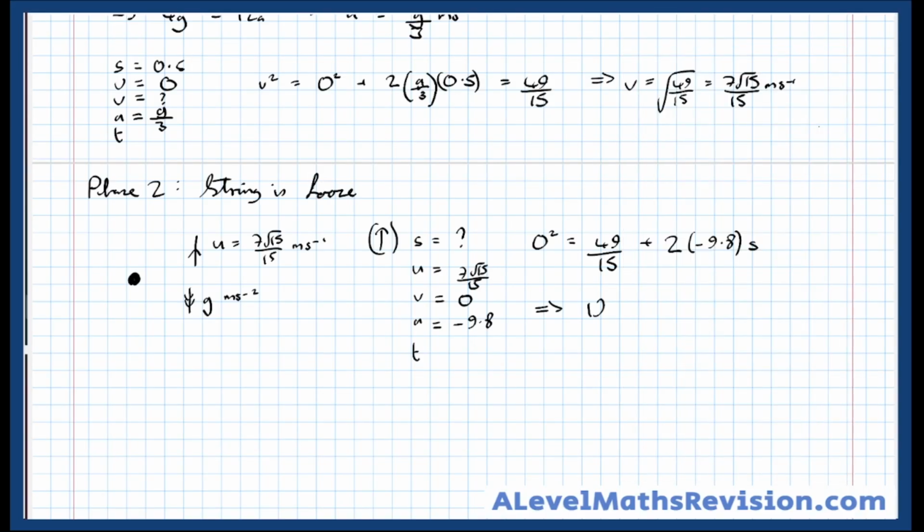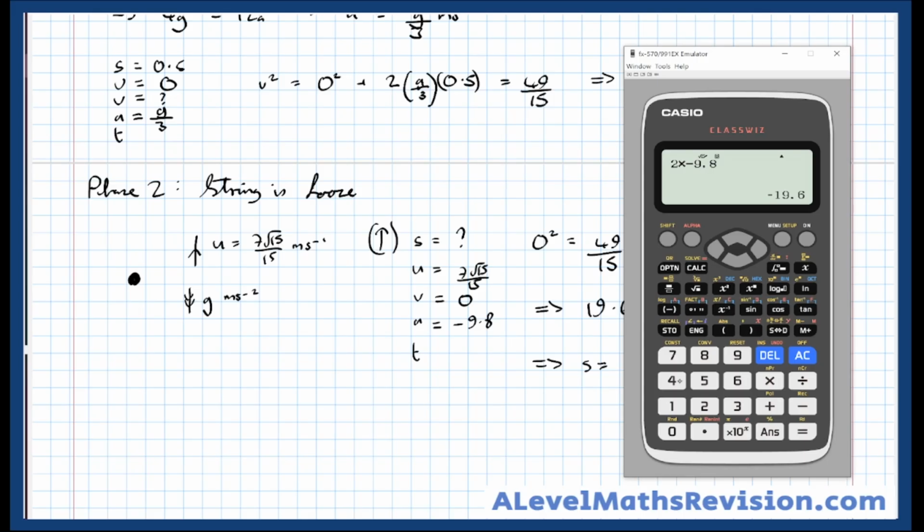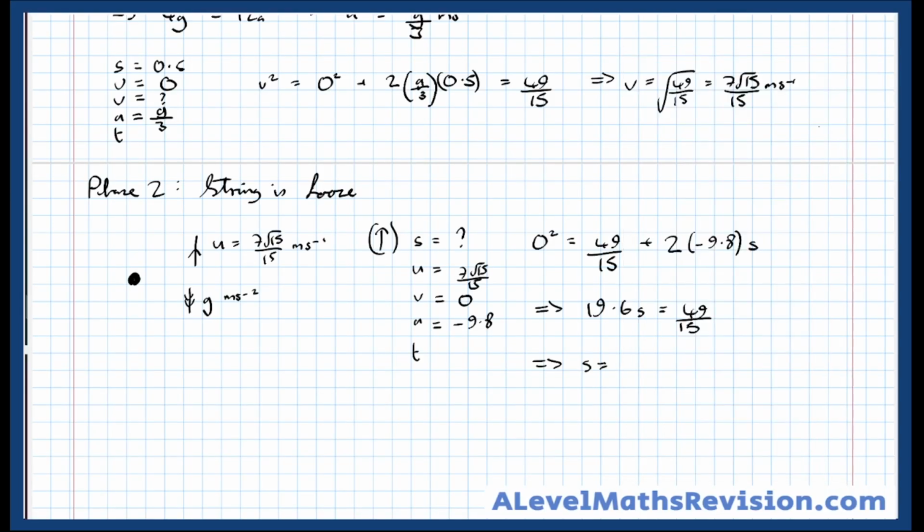So I take that the other side, 19.6 S equals 49 fifteenths, which means that S equals 49 fifteenths divided by 19.6, which gives us 1/6 of a meter. So we're almost there.